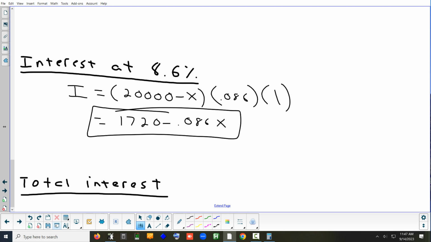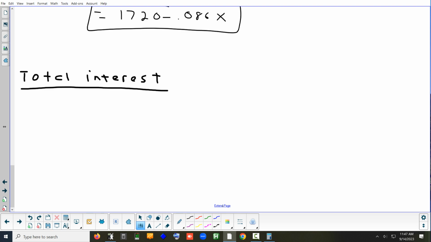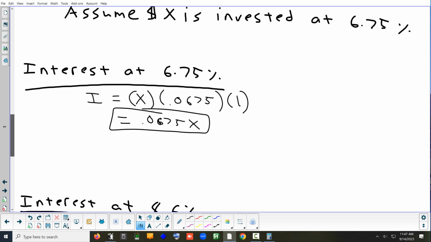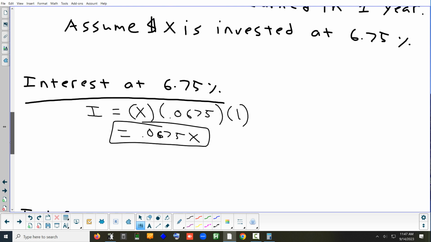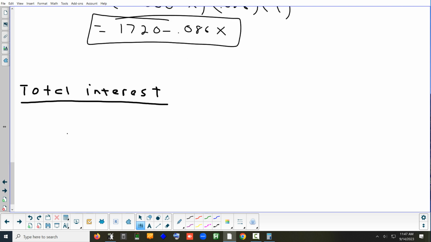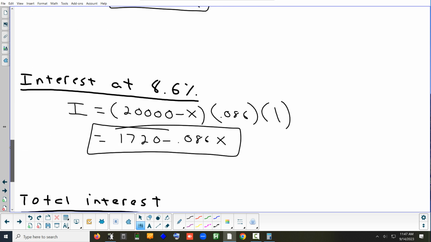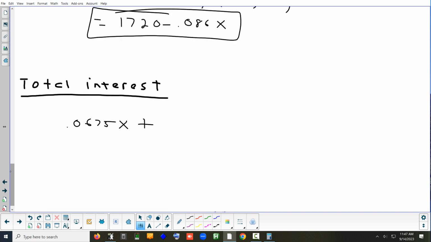Yeah, add them. So take the interest from the first account, 0.0675x. Take the interest from the second account, 1720 minus 0.086x. And add them up.